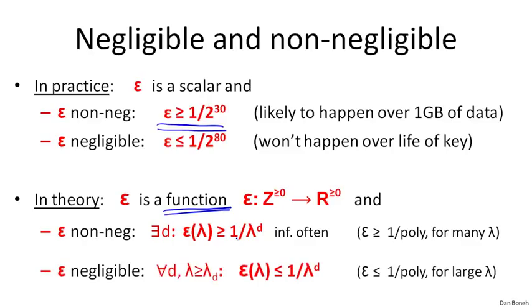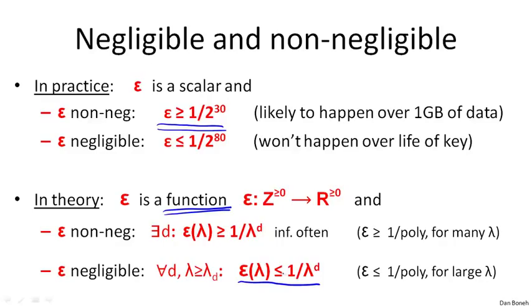However, if something is smaller than all polynomials, then we'll say that it's negligible. So what this says here is basically for any degree d, there exists some lower bound lambda d such that for all lambda bigger than this lambda d, the function is smaller than 1 over the polynomial. Okay, so all this says is that the function is negligible if it's less than all polynomial fractions.